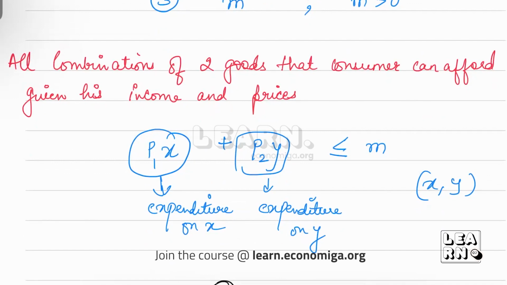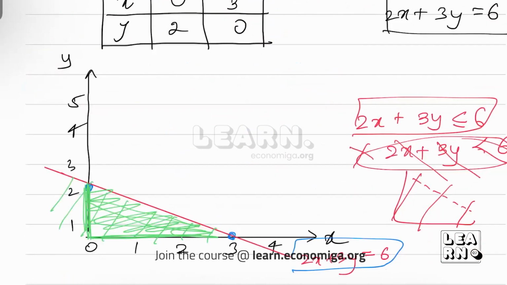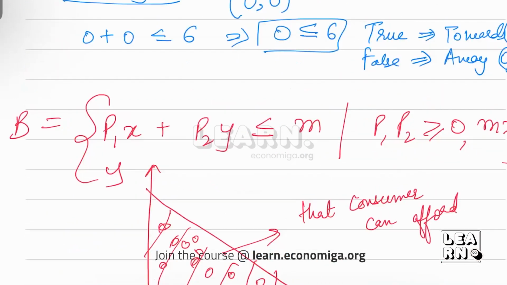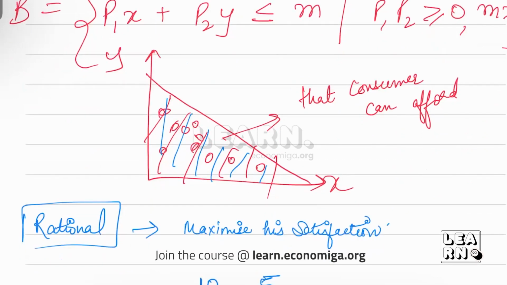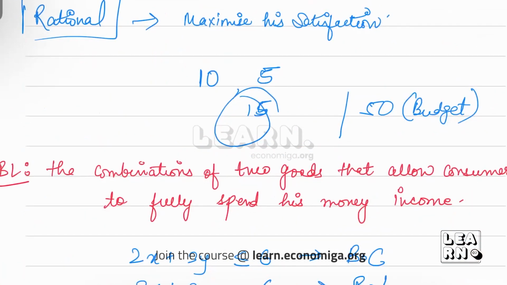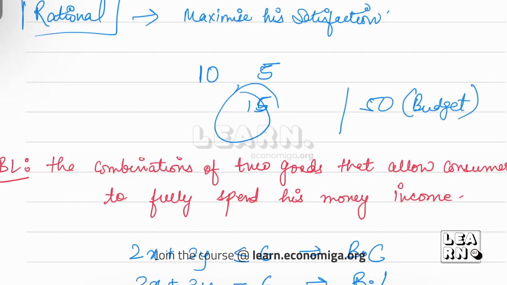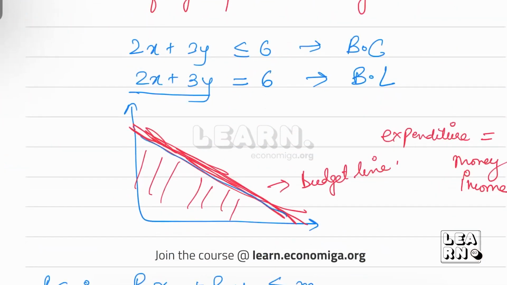All these combinations inside the line are your budget constraint. If the consumer wants to spend all of his income on the two goods, that gives you your budget line, where consumer expenditure exactly equals his money income, which is just this line and not the shading inside.